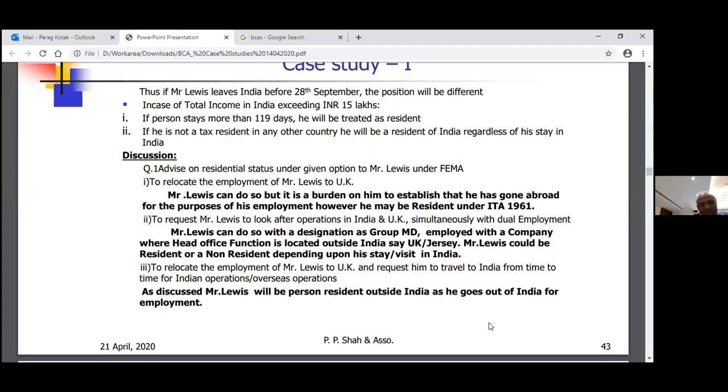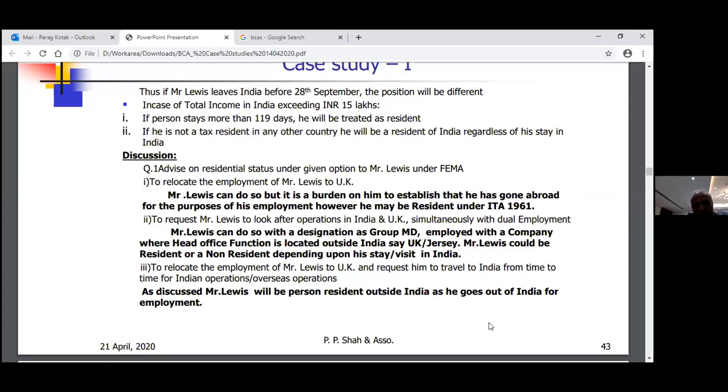For example, the income from a dividend, which would have entitled him to the India-UK tax treaty, and the dividend income could have been taxed at lower than 30% rate.